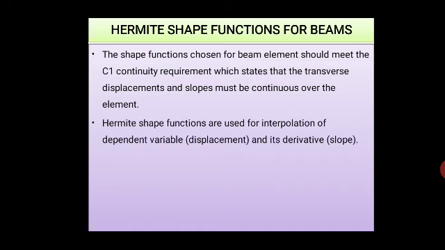The Hermite shape functions are used for interpolation of dependent variables. The dependent variables are nothing but the displacements and their slopes.